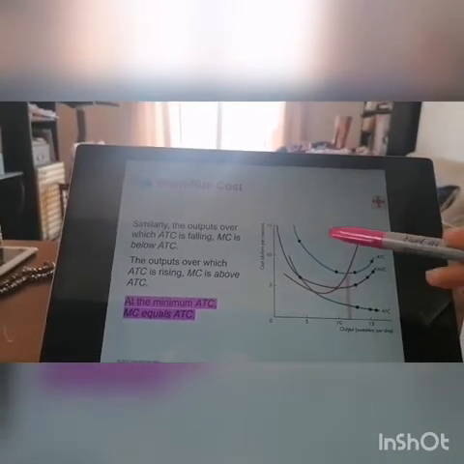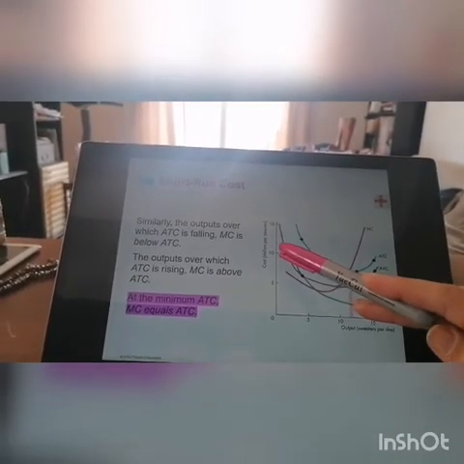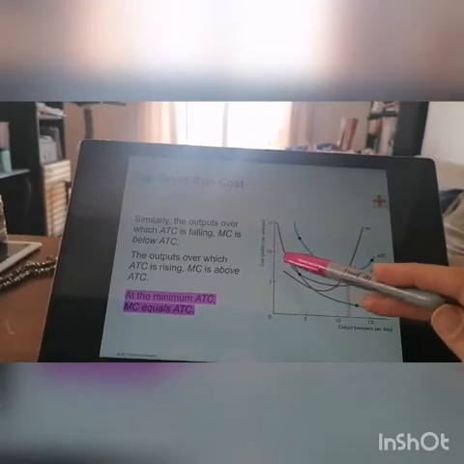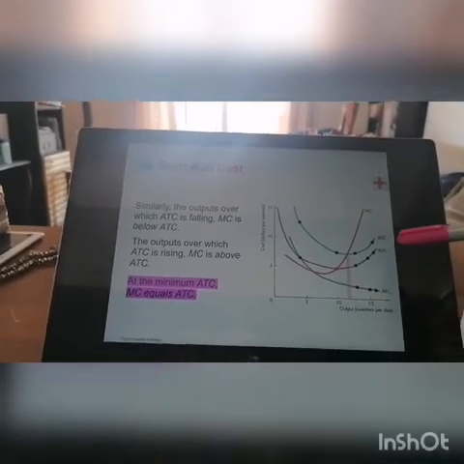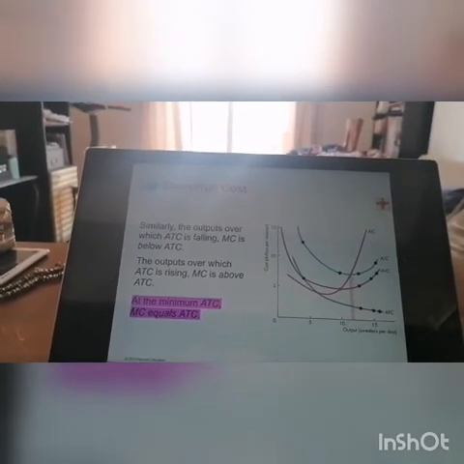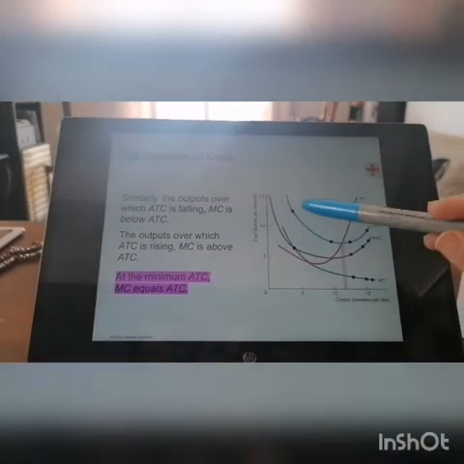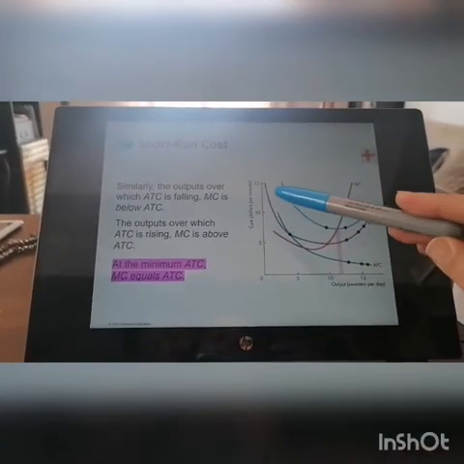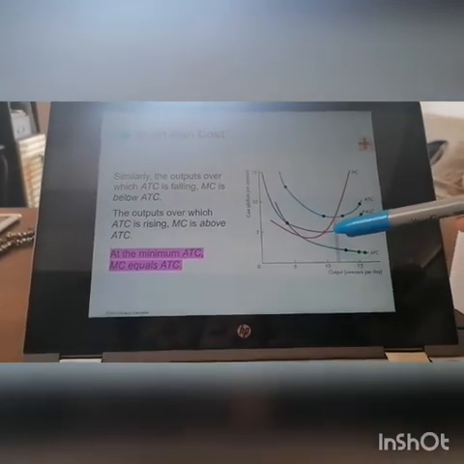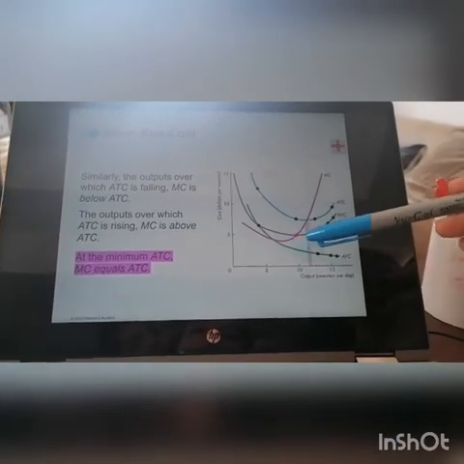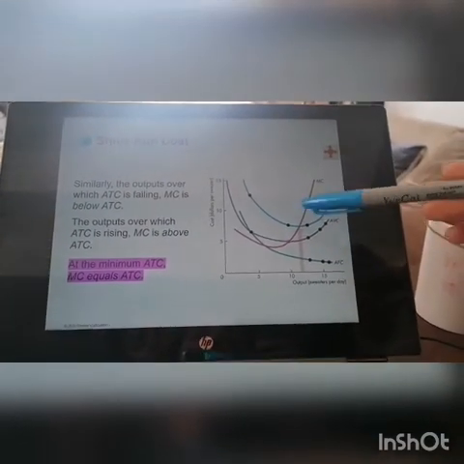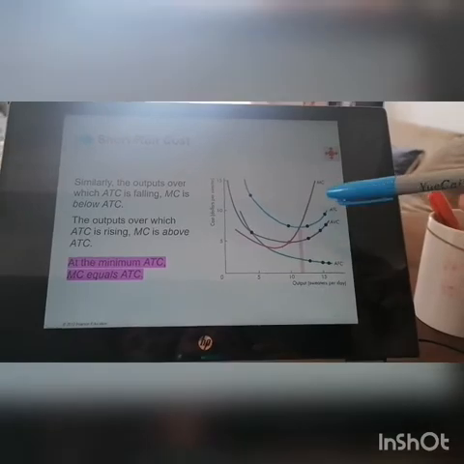The MC determines the shape of the average variable cost, so that's why the average variable cost is U-shaped, because when the marginal costs are decreasing it takes with it downwards the average costs, and then when the MC is increasing, it pulls it upwards.